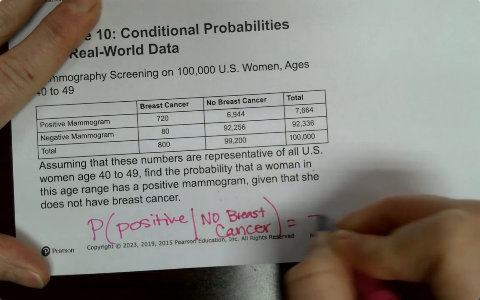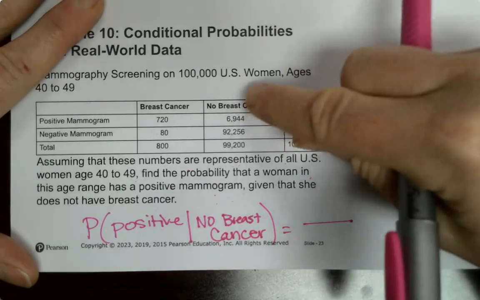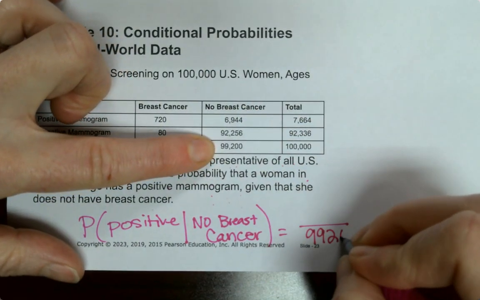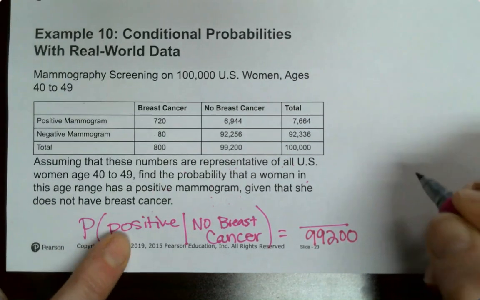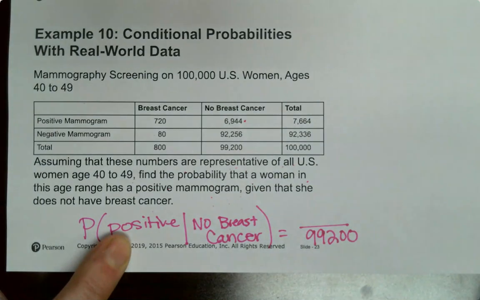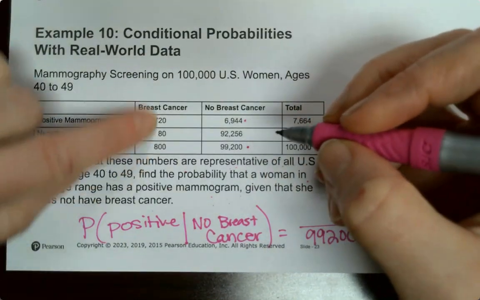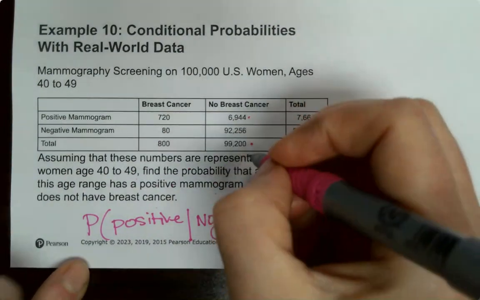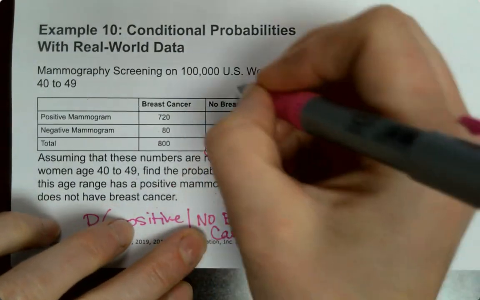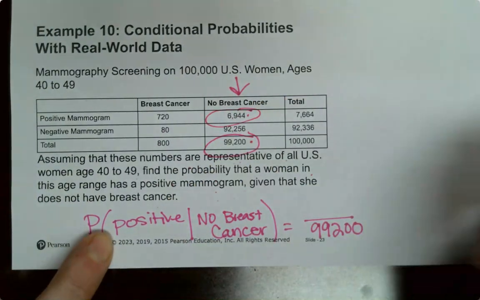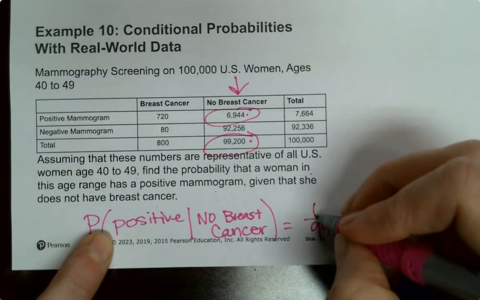So that means our denominator is going to be out of the no breast cancer, that no breast cancer total. How many of those are positive? So we aren't even looking at these values. You only want to look at the total of no breast cancer, and you want to look at how many were positive. So these are basically false positives.